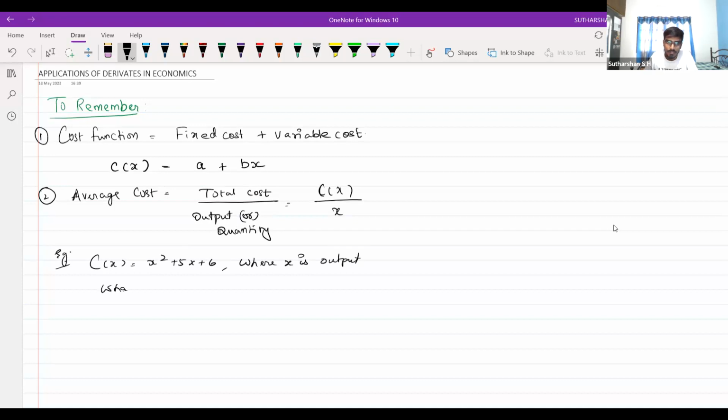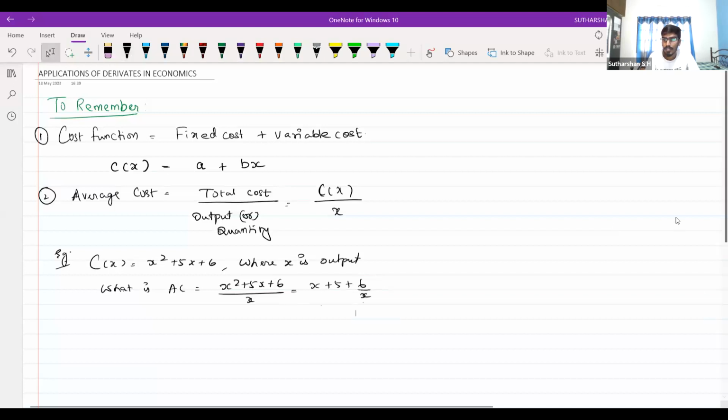What is AC? It is nothing but X square plus 5X plus 6 divided by X, which is equal to X plus 5 plus 6 by X.